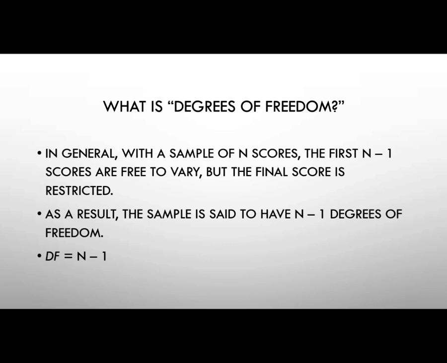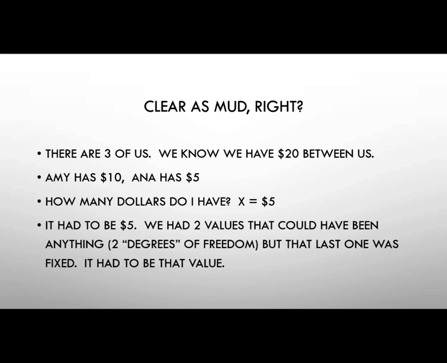But if you go look on Wikipedia and look up degrees of freedom and you get this definition, I myself think that this is quite confusing. So I'm going to try to explain it. So imagine there are 3 of us, right? And among us, we know we have $20. Amy has $10, Anna has $5. So how many dollars do I have?